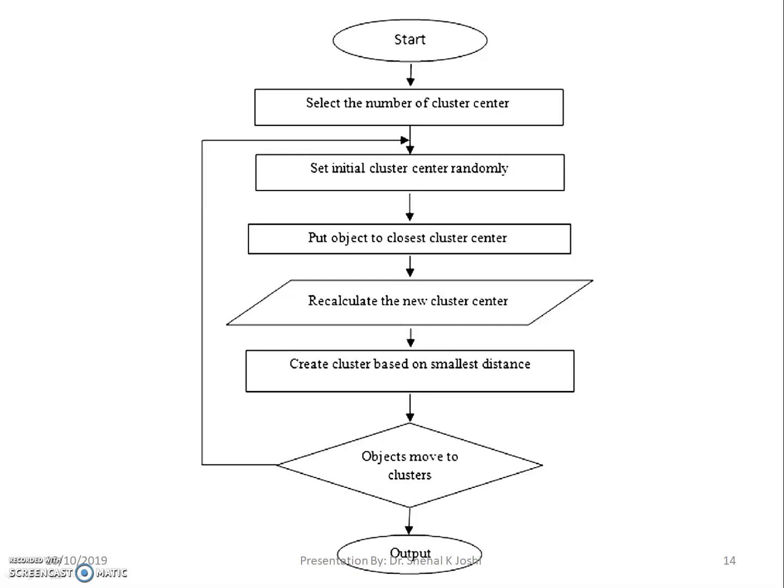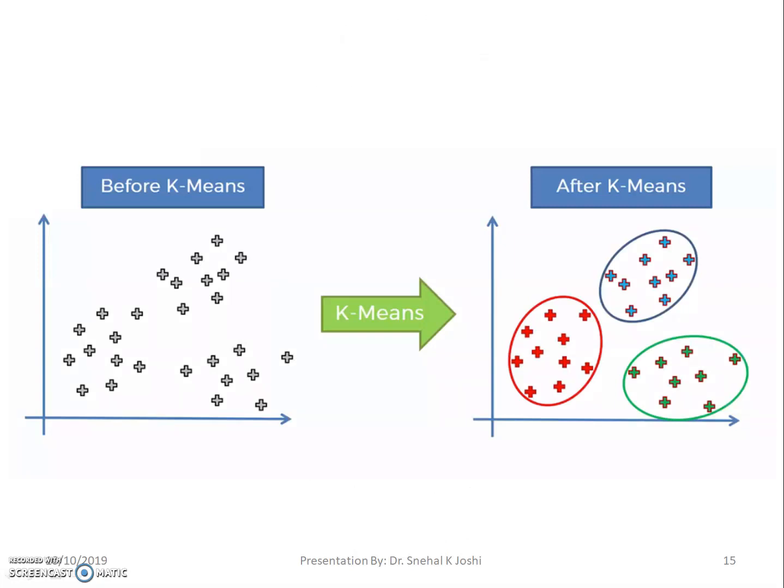This process continues until convergence is obtained. In each iteration, it will move the centroids, calculate the distance from the new centroids, and assign the data points to the nearest centroid. As a result, we obtain the clusters with minimum error, or the dense clusters.